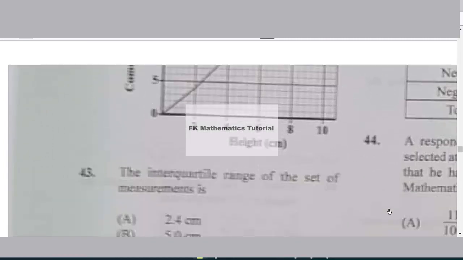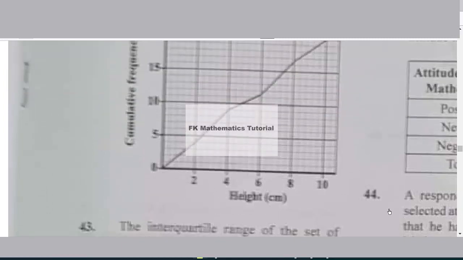Item 43 refers to the following diagram, which shows the cumulative frequency curve of the height of 20 plants. The interquartile range of the set of measurements is... The interquartile range is equal to the difference between the third quartile and the first quartile.